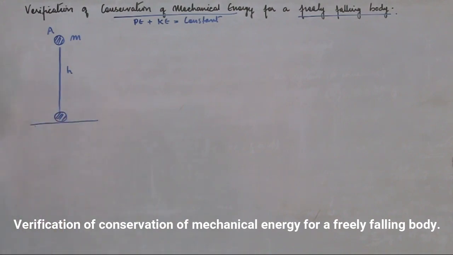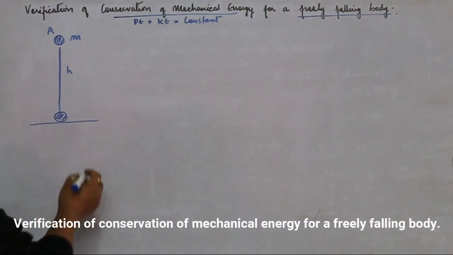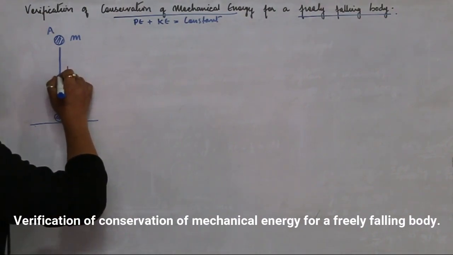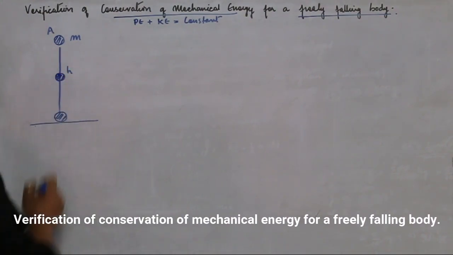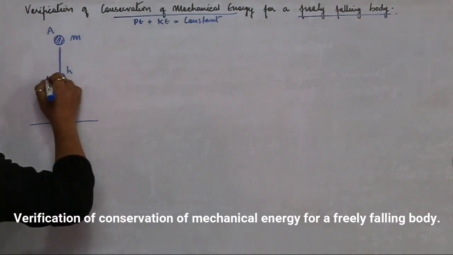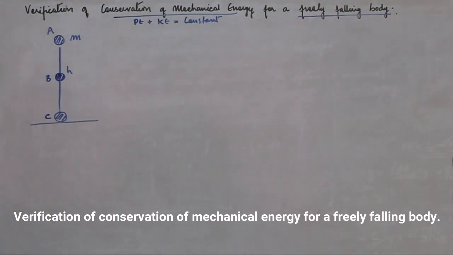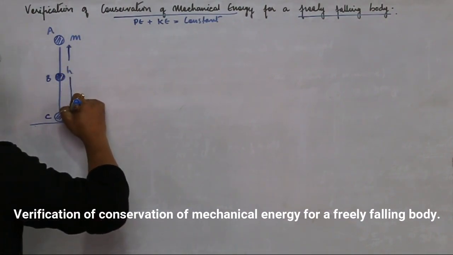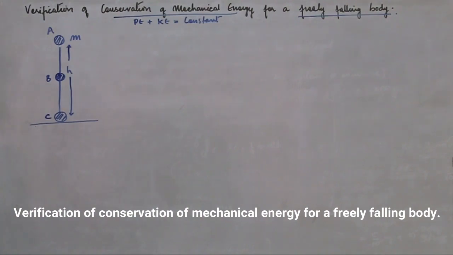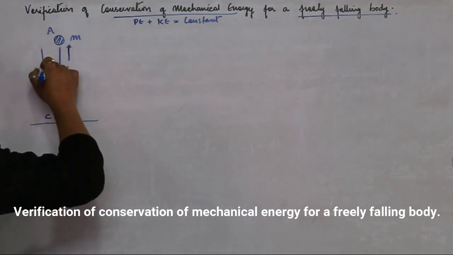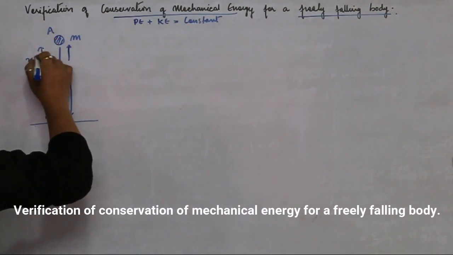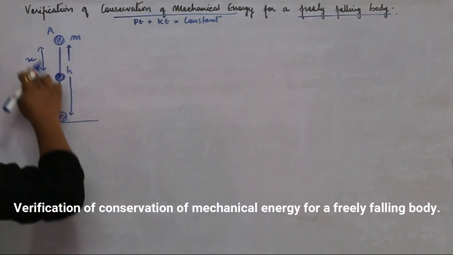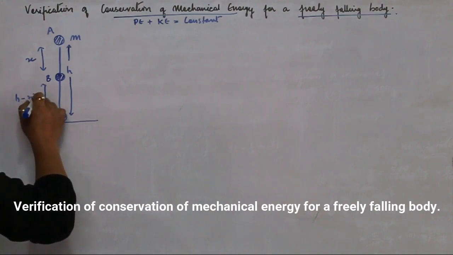In order to prove this, let's find the sum of potential energy and kinetic energy in 3 positions, A, B and C. The height from A to C is h, the height from A to B let's take as x, and the remaining height will be h minus x.